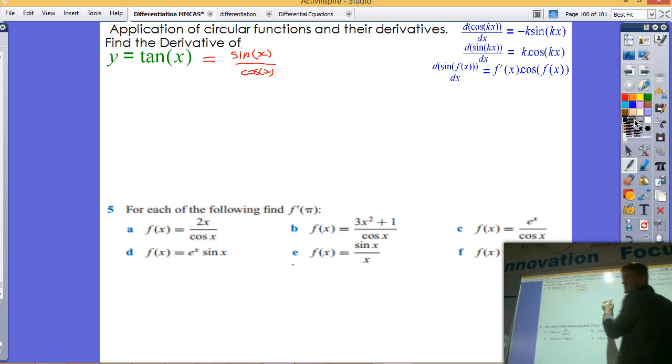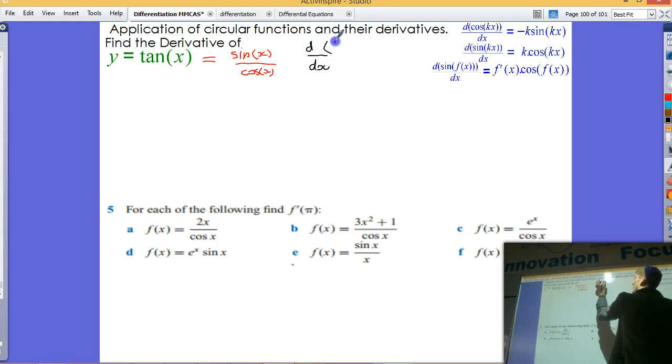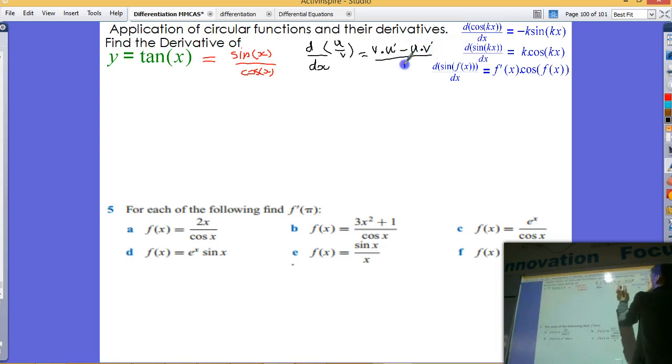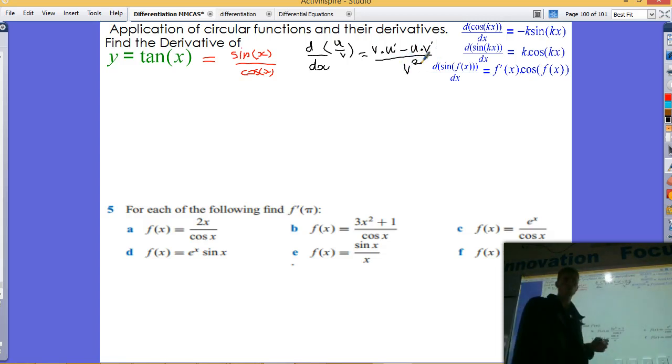So the quotient rule says that the derivative of any function that looks like u over v is v times u dash minus u times v dash, over v squared. So I need to identify what I'm going to use for u and v, and then u dash and v dash. So let's break it up.